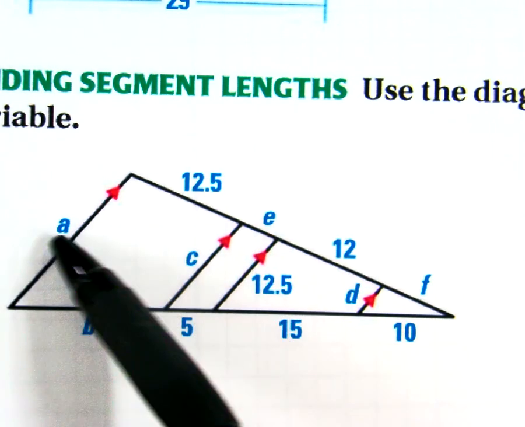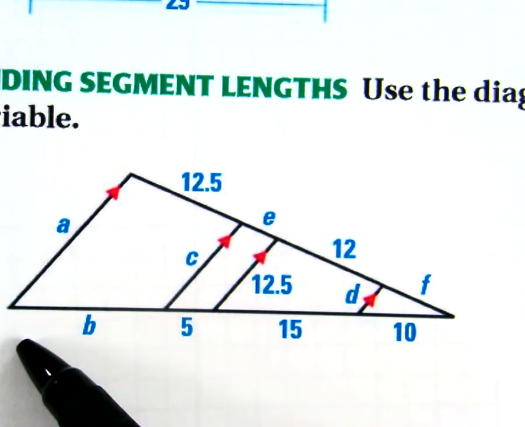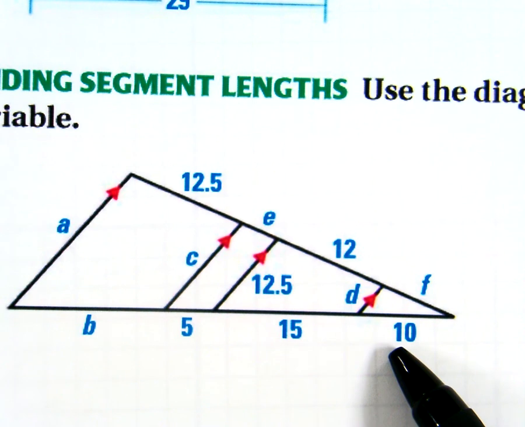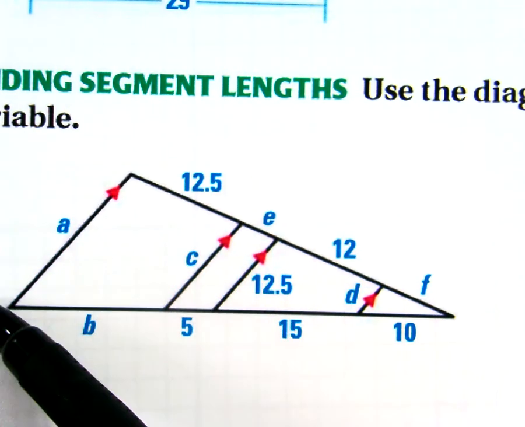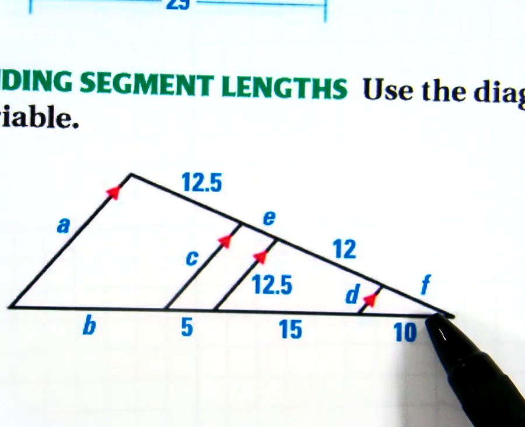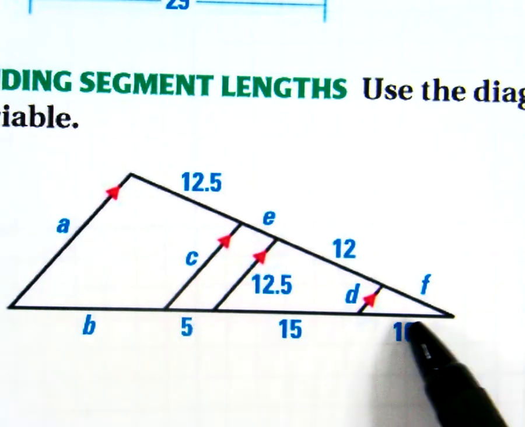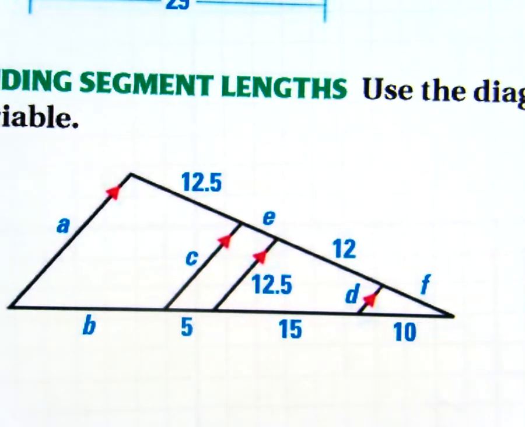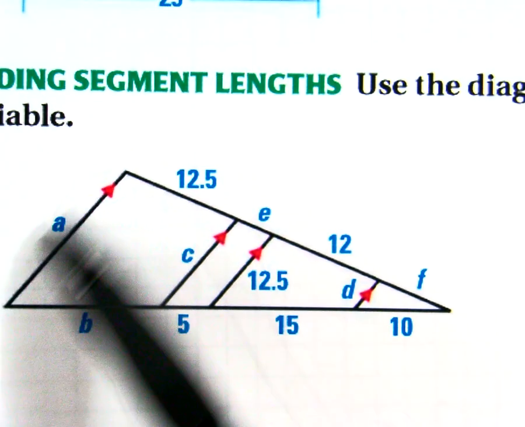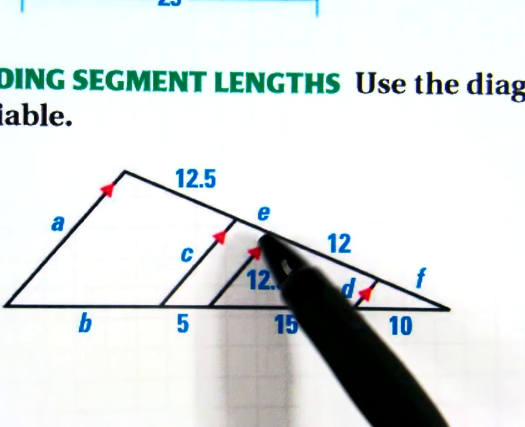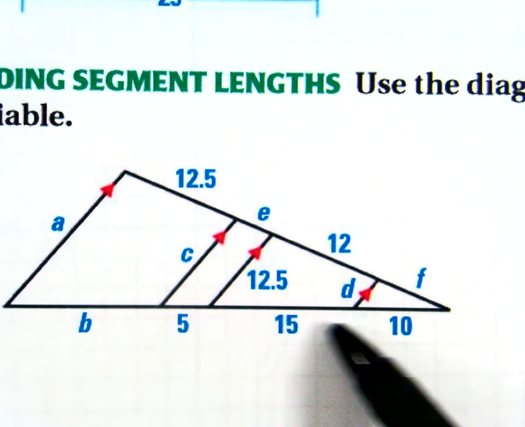So that'll be A is to 12.5, as all of these added up are to 15 plus 10. So A is to 20 plus B as 12.5 is to 25. Oh, 30, I'm sorry, I added it wrong. A is to B plus 30 as 12.5 is to 25.